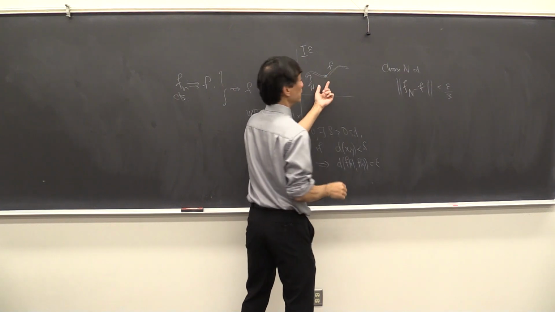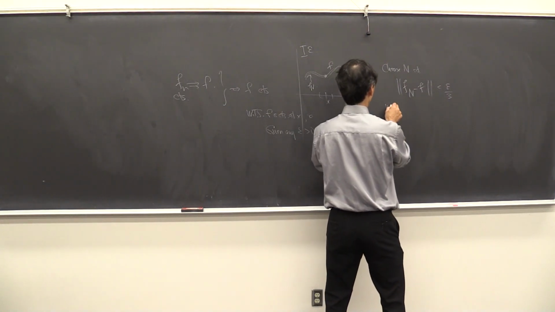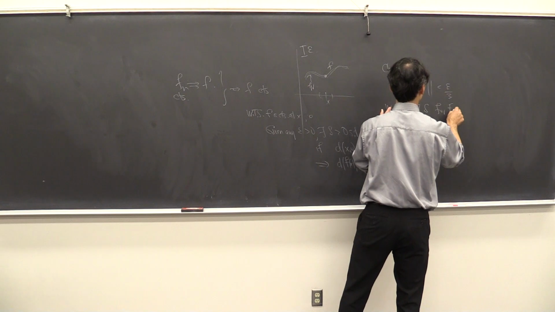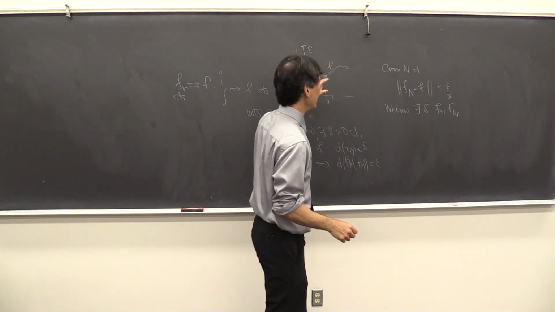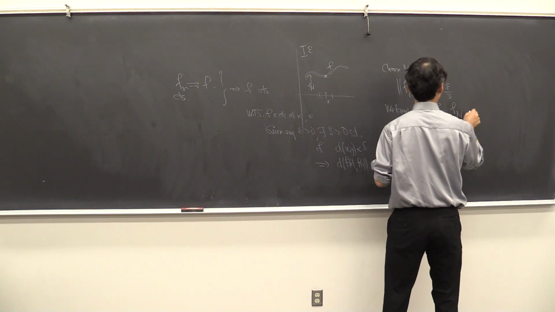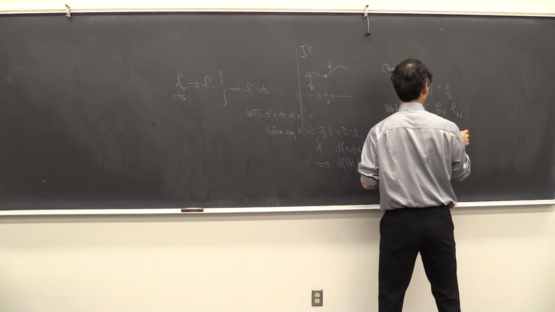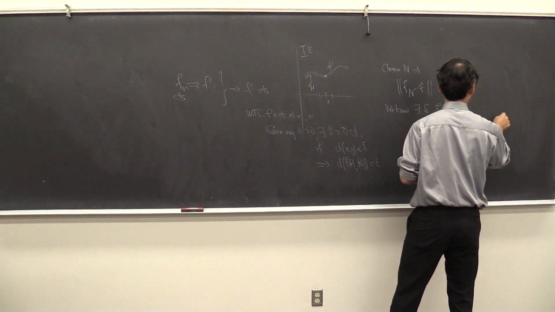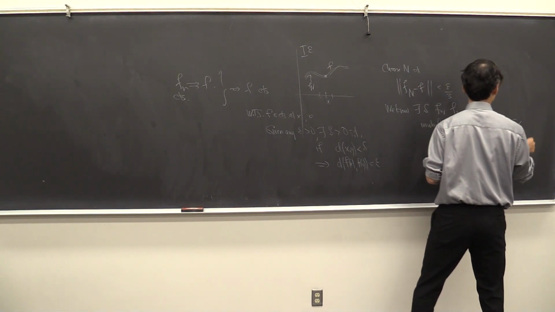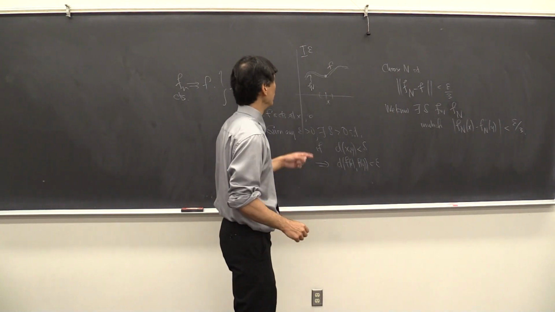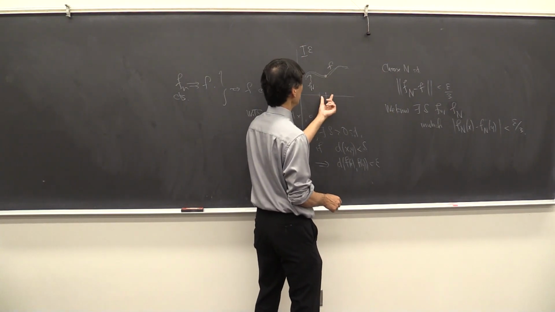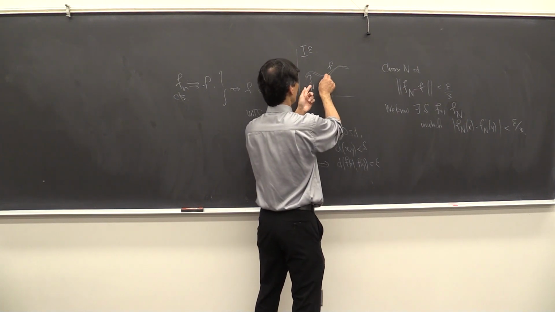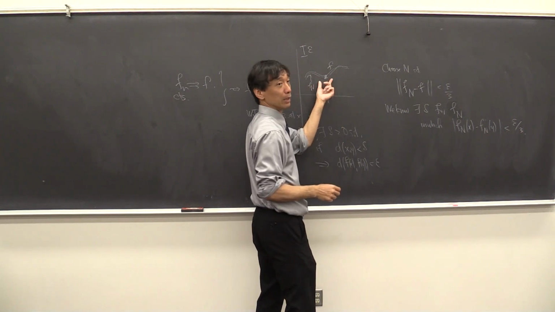We know there's a delta for f sub n in which the values don't differ from f sub n of x by more than epsilon over 3.